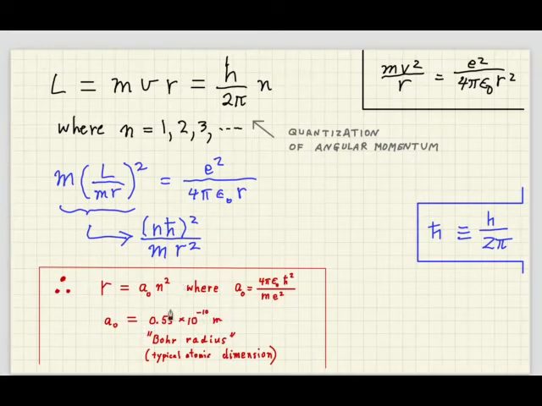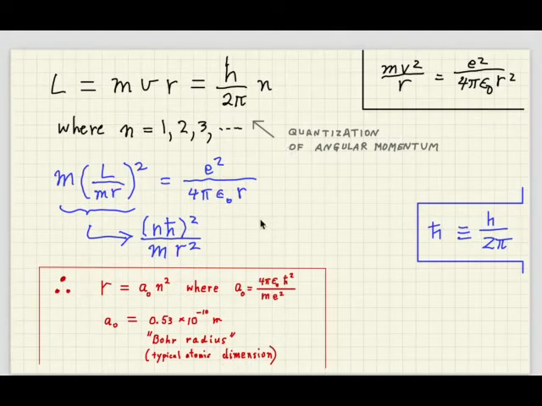But anyway, the order of magnitude is going to be something close to 10 to the minus 10 meters. So atomic radii are typically some number times the dimension 10 to the minus 10 meters, or 1/10 of a nanometer, that's kind of a characteristic dimension for atoms.